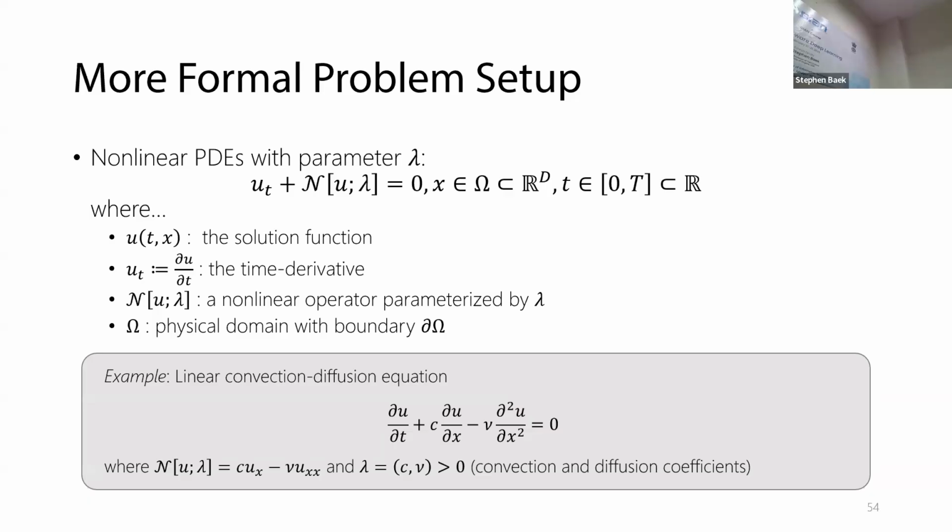So for PINN, we do not consider those right-hand side terms, okay? Although there are a lot of papers in the literature that handle the control inputs inside of the PINN.